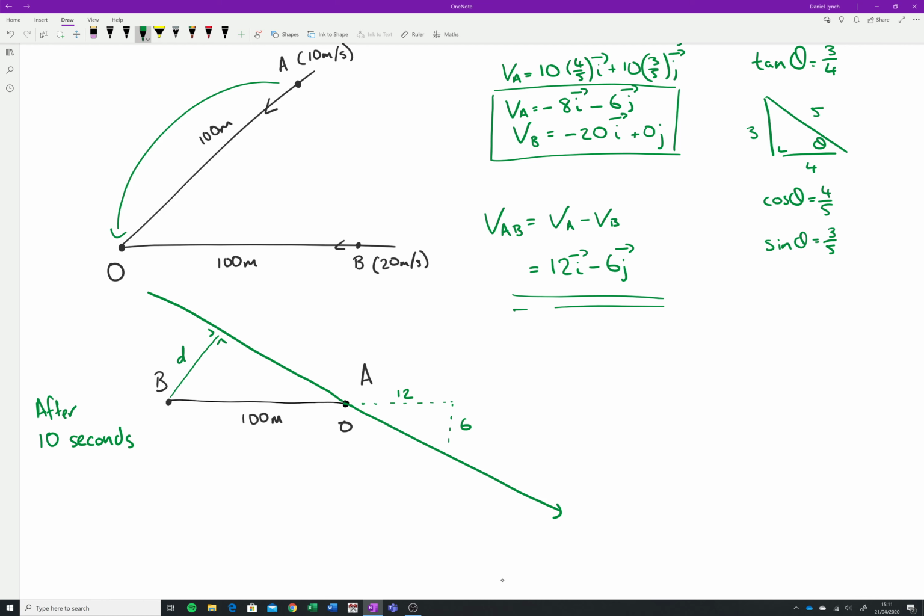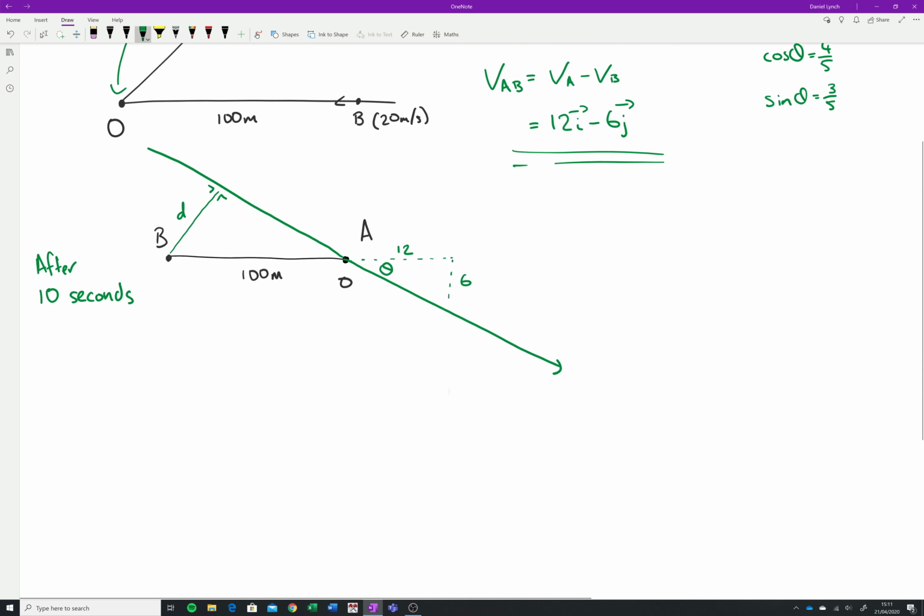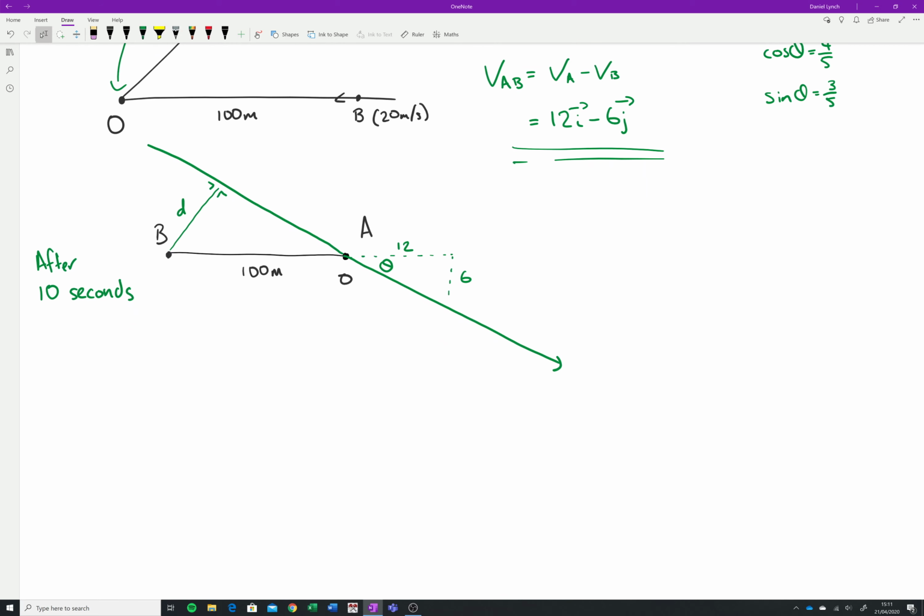This is all the information that we have. We know that this side is 100. We don't know too much else, but we can figure out what theta is in this particular case. We know that we have 6 being the opposite and 12 being the adjacent, so we can say that tan theta is equal to 6 over 12. So theta is equal to tan inverse of a half.